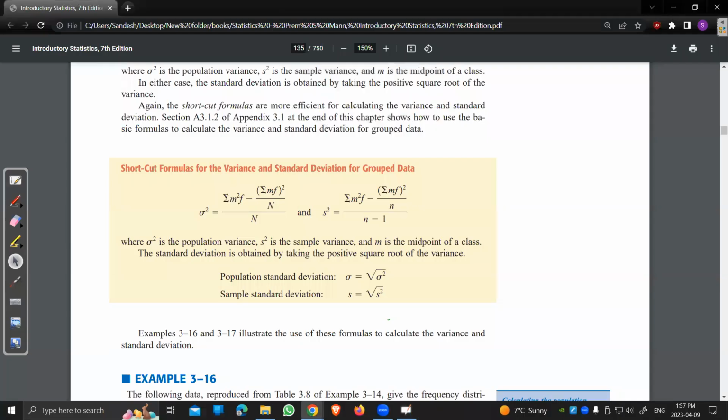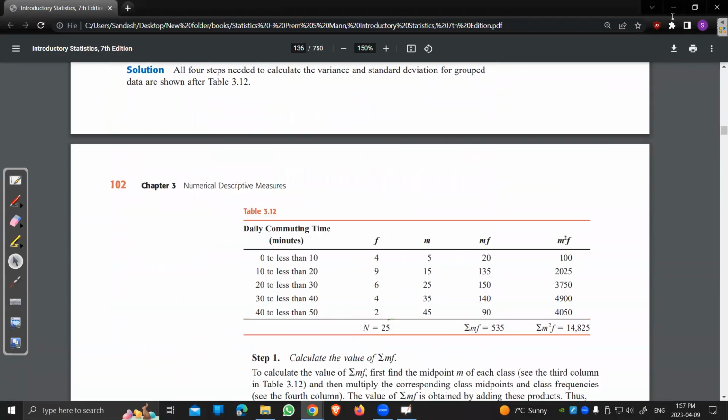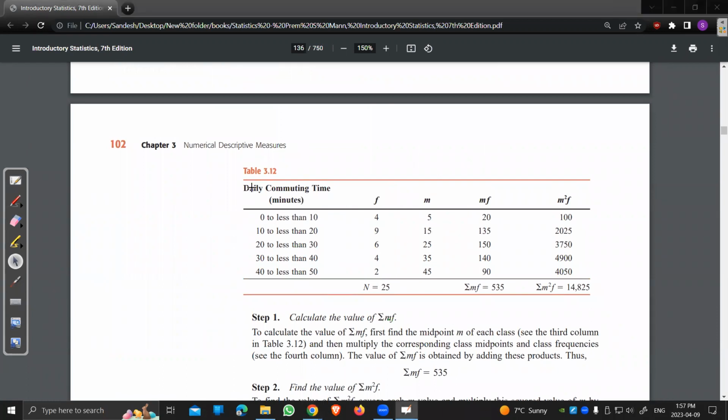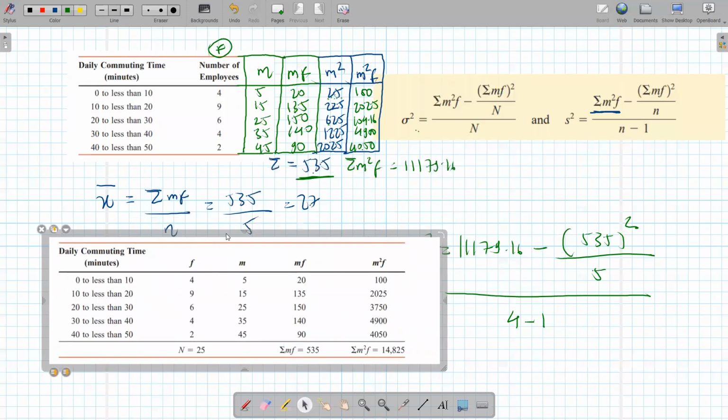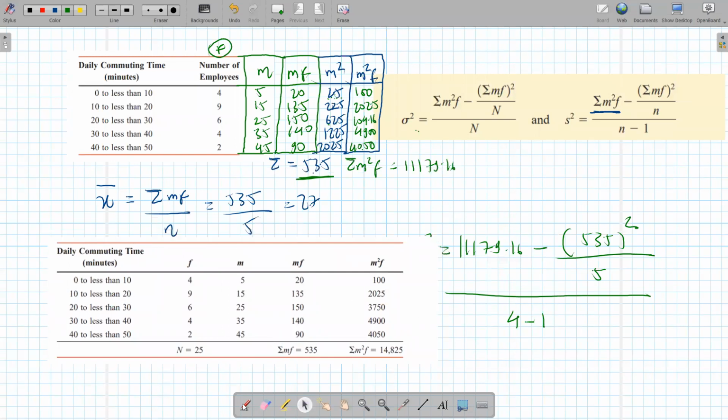Yep, one of our numbers is not right. Let's see which one was not right. I may have messed up the adding. 100 is good, 225 is good. Okay, this one was wrong, because you can't have a negative number. This one was too small. I did this times this. I should have done this times this. Okay, that was my bad.